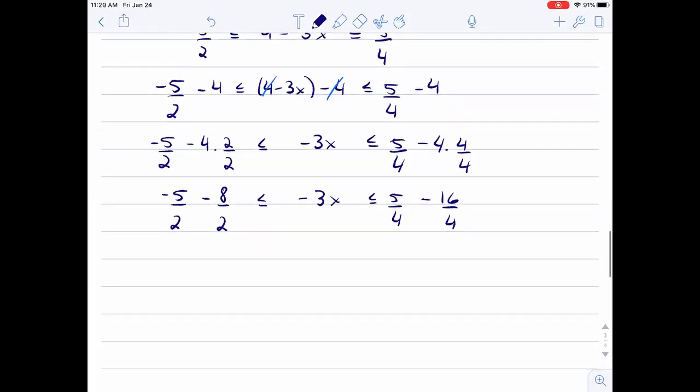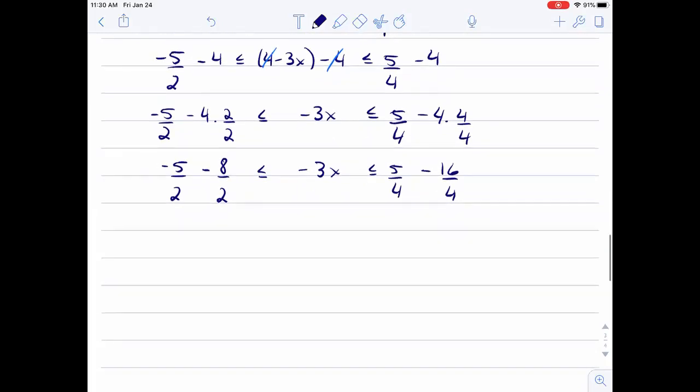And so we've got negative 5 minus 8, which is negative 13, so negative 13 divided by 2 is less than or equal to negative 3x, less than or equal to 5 minus 16. I'm going to go with negative 11, but just to make sure, negative 11 divided by 4.